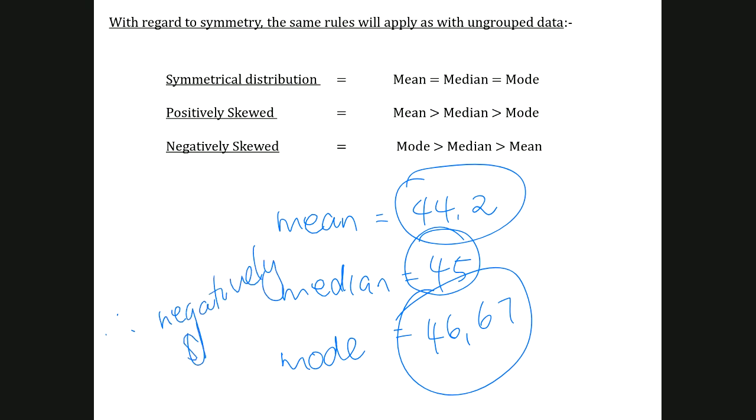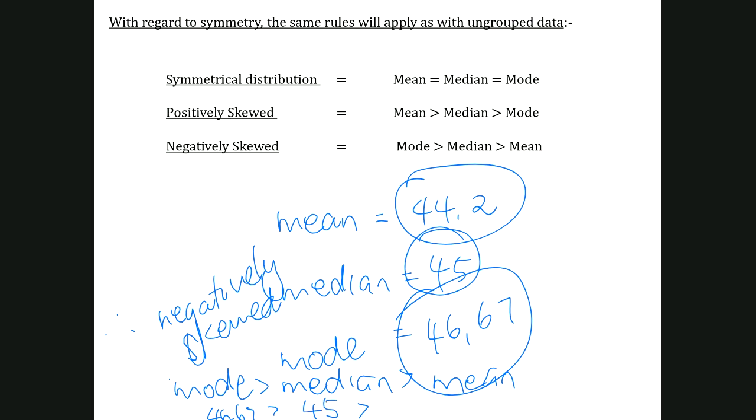And you'll give the whole narration about the mode being greater than the median, which is greater than the mean. And you can even put in the values and say 46.67 is greater than 45, which is greater than 44.2. And this is why it's negatively skewed.